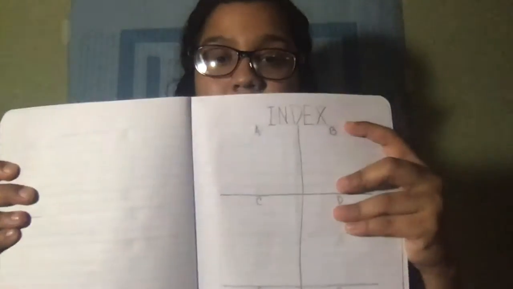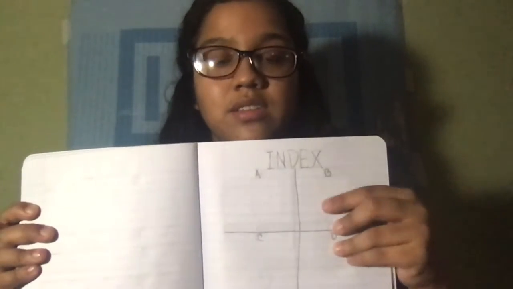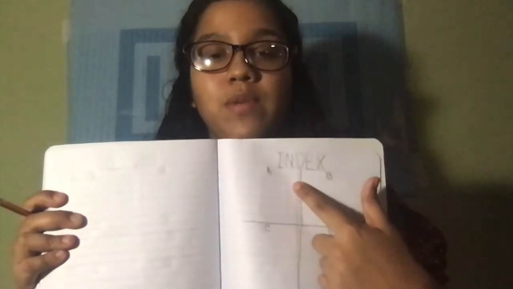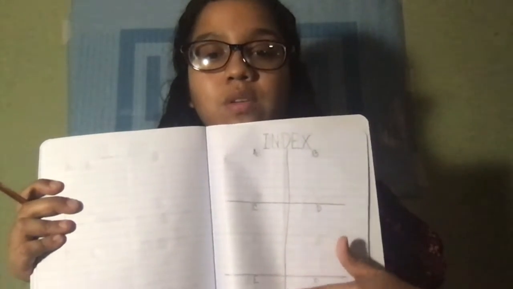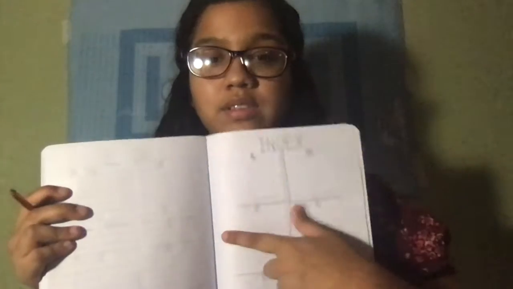Your first index page, you're going to write index at the very top, INDEX, just like that. And you're going to divide your page down the middle, the line down the middle, and then you're going to divide it into boxes. So you're going to make one line.